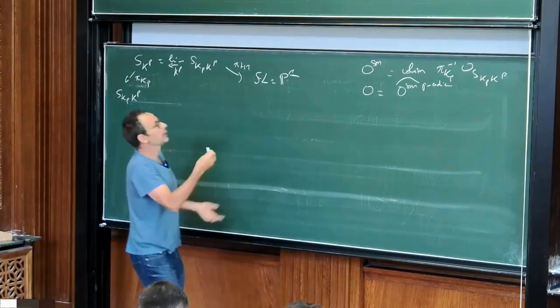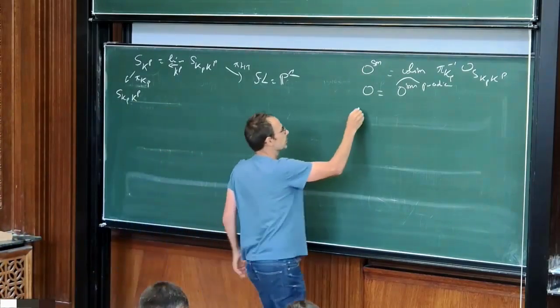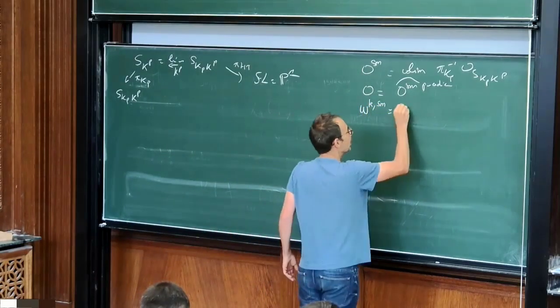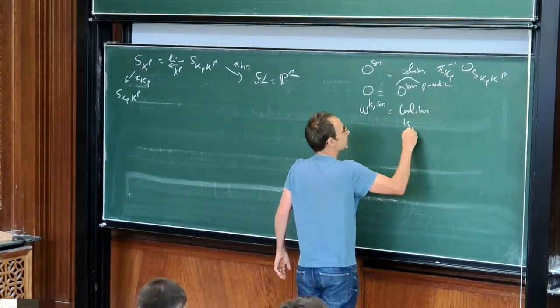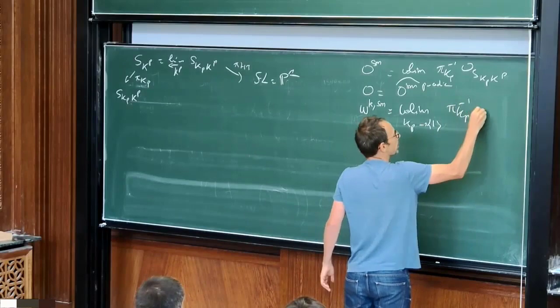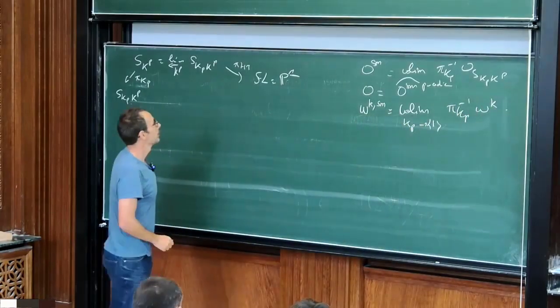Then we can also play a similar game with the modular sheaves, and so we can, for instance, consider ω^k smooth, which is the colimit as K_p tends to 1 of the pushforward of the ω^k at some finite level. All right.